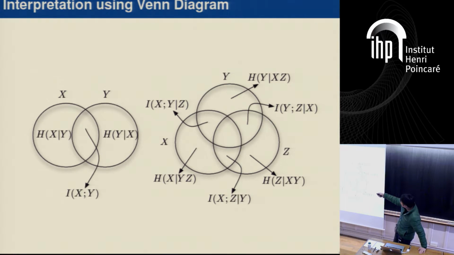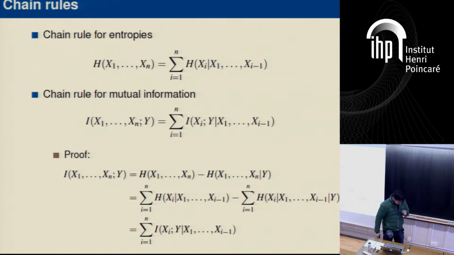Or you can see that this term is I(x;z) minus I(x;z given y). It turns out that they are equal to each other. So this is one of the interesting things, how we can use a Venn diagram to obtain equalities.